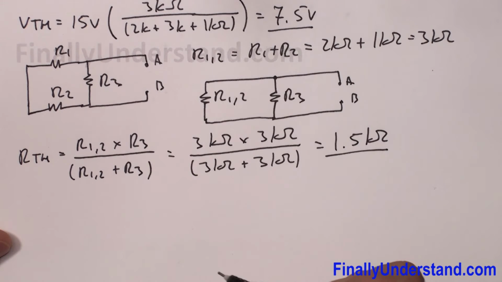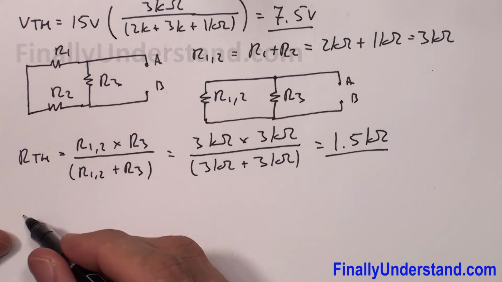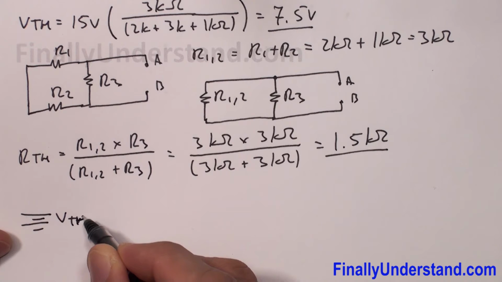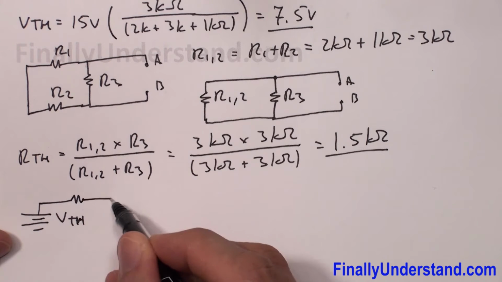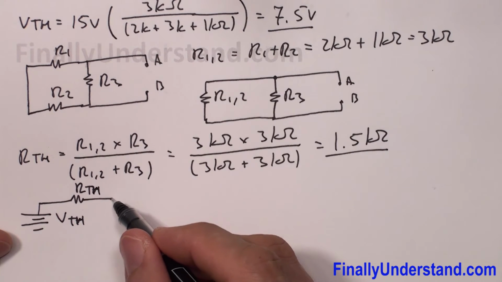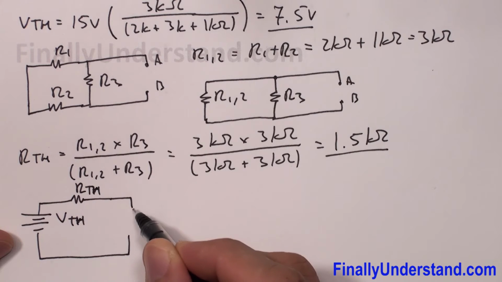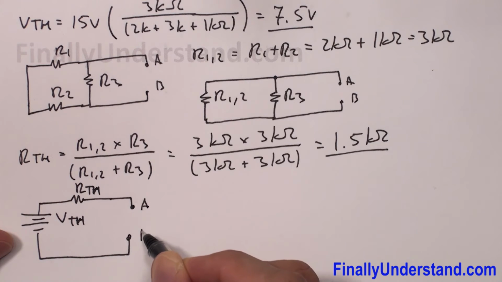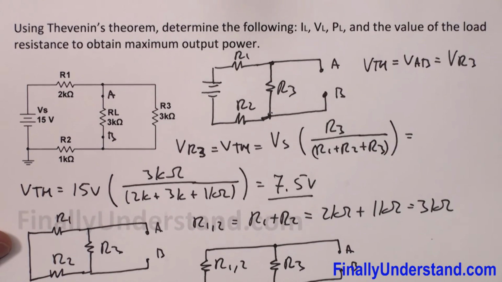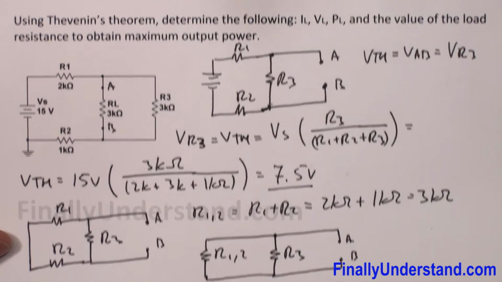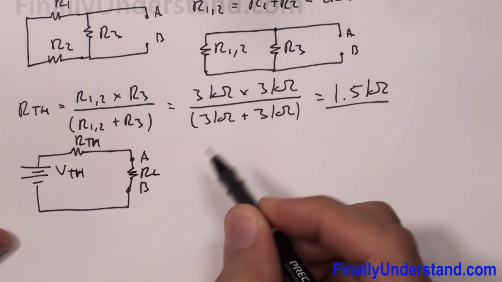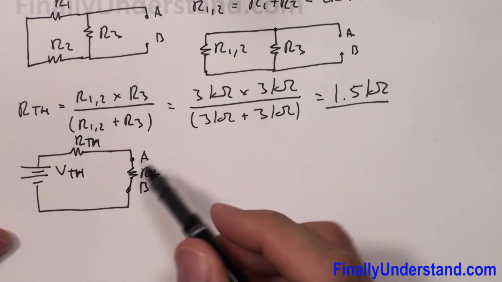Next, we can draw the Thevenin's equivalent circuit. So I have my VTH and I have my RTH over here, and I have my points A and B. Now, in order to find the current IL, I'm supposed to replace my resistor RL over here. Please notice that we have a series circuit.